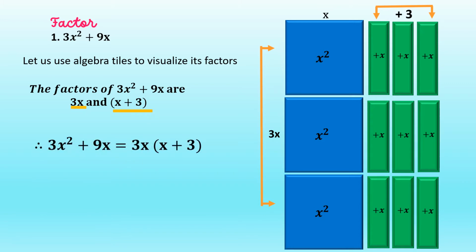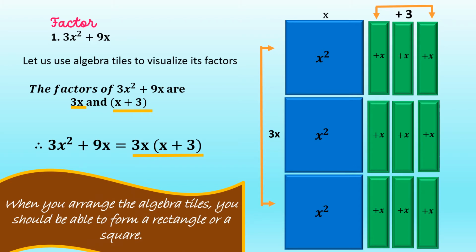Therefore, 3x squared plus 9x is equal to 3x times quantity x plus 3. When you arrange the algebra tiles, you should be able to form a rectangle or a square to show the factors.